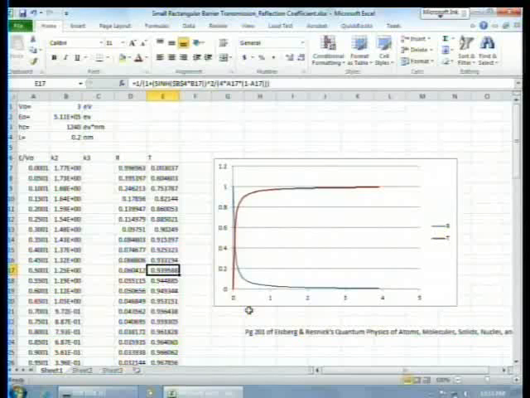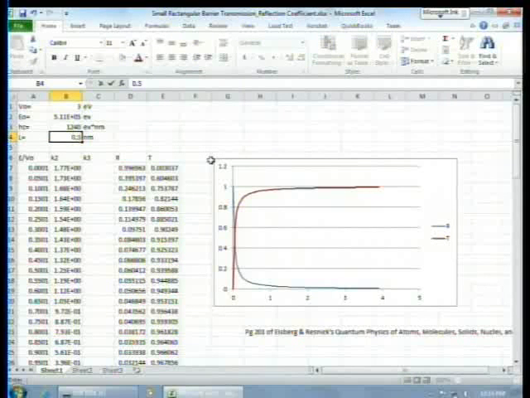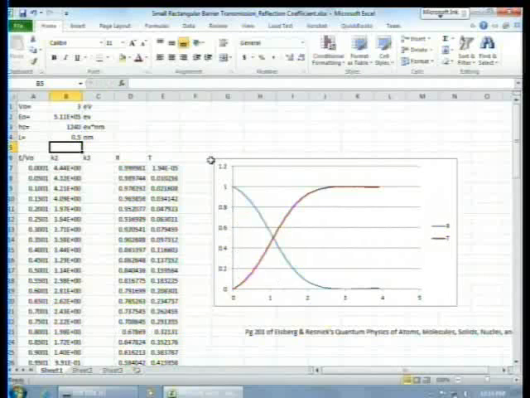Now, if I make that barrier bigger, you can see it gets spread out. So now, even when you match the energy of the barrier, you don't get 50% transmission.